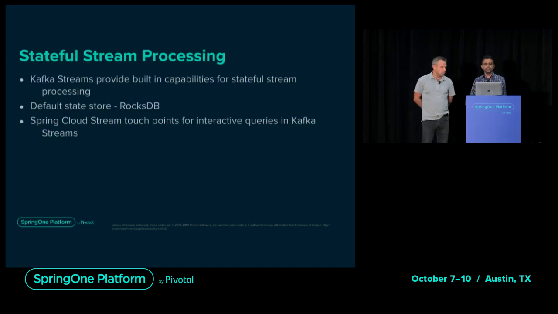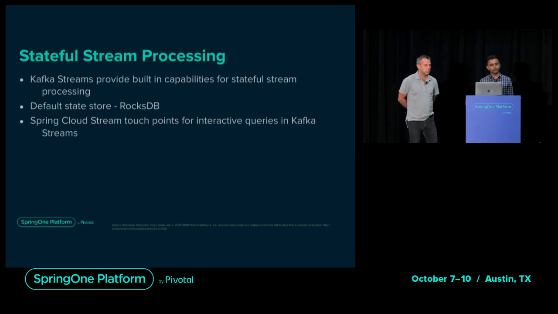But like I mentioned before, Kafka Streams provides built-in capabilities for stateful stream processing, where as soon as you do some window-based operations like count or aggregation, you need to basically keep that data in some state store, right? So by default, Kafka Streams uses RocksDB, a disk-based database actually, not in memory.